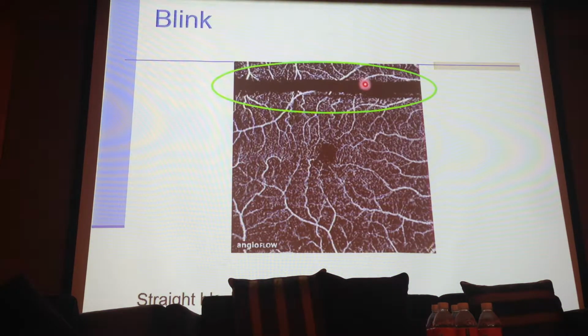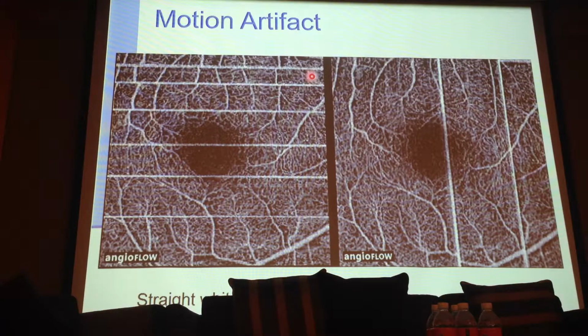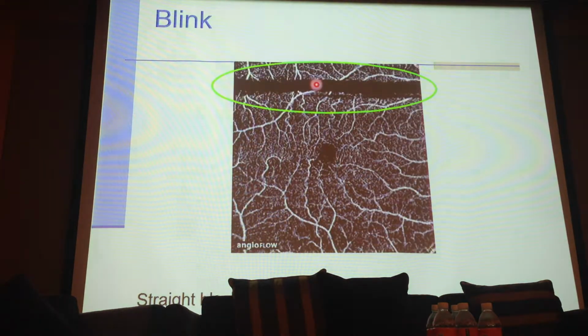And what is this? A black band walks through the image, not as thin as the white motion artifact. That's usually coming from the blink. So sometimes when you have an image like this, you need to make a decision whether you want to rescan or not.